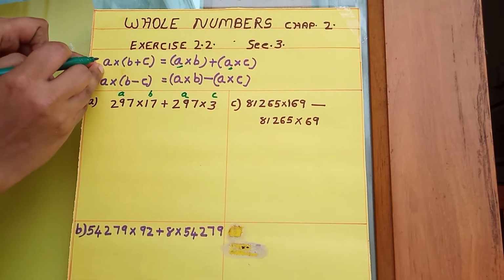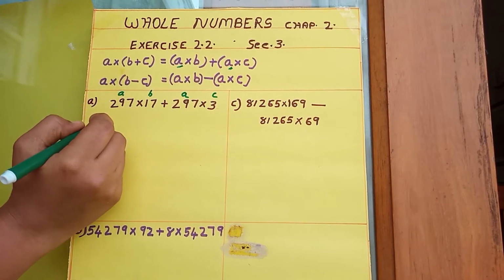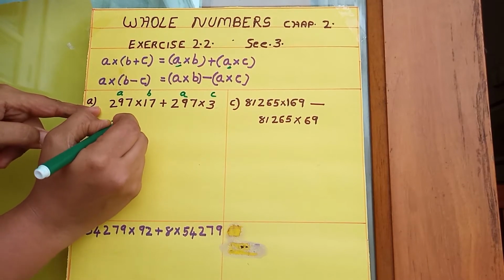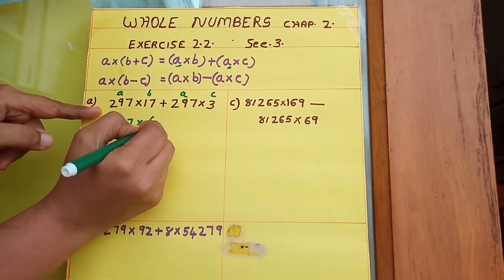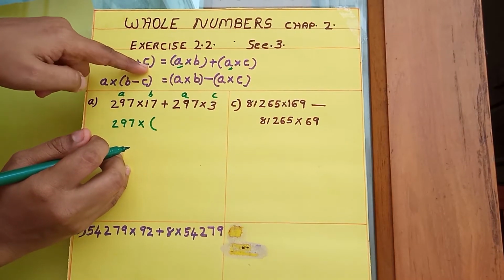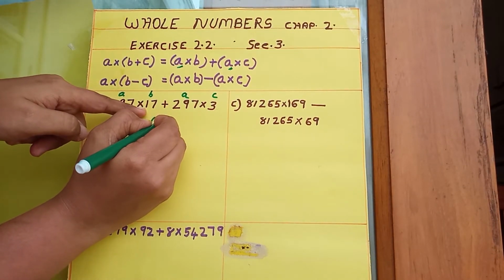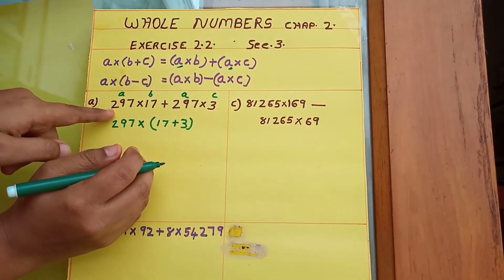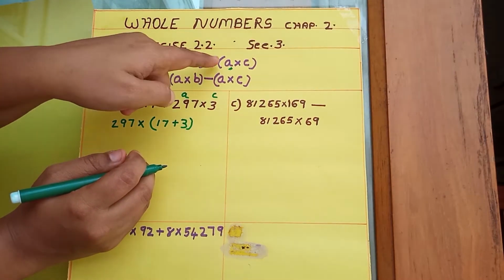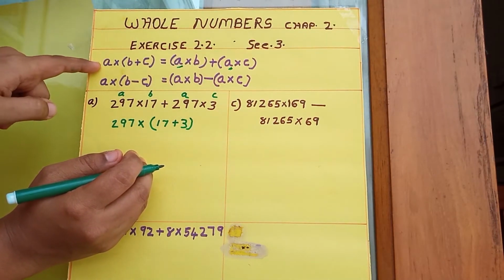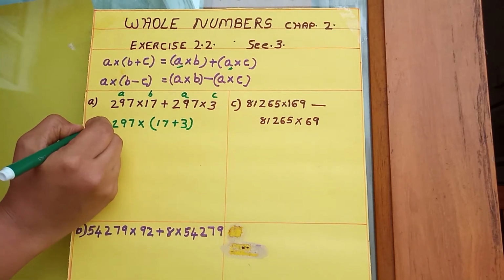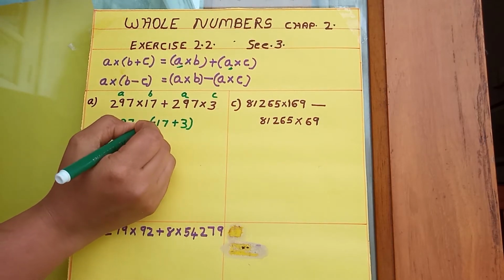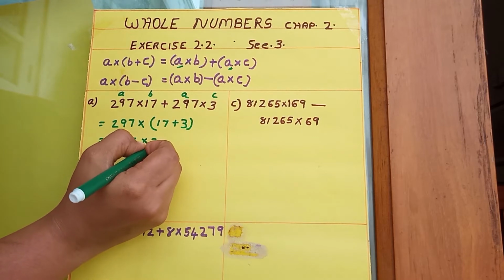So we have to take out A. A is 297, so 297 into A into B plus C. B is 17 plus C is 3. This is the RHS of this formula, and we are converting it into the form of LHS. So this will be equal to 297 into 17 plus 3, equal to 20.